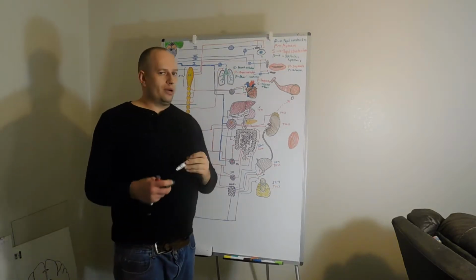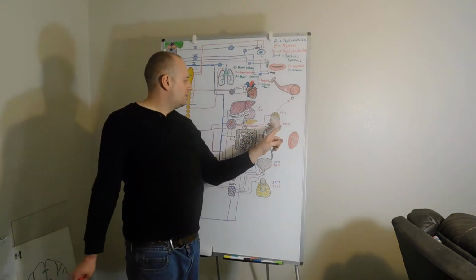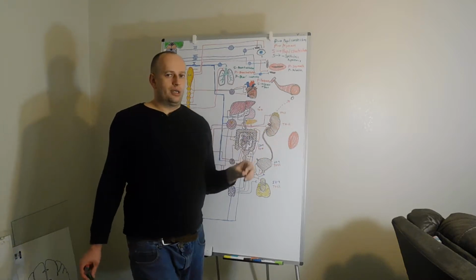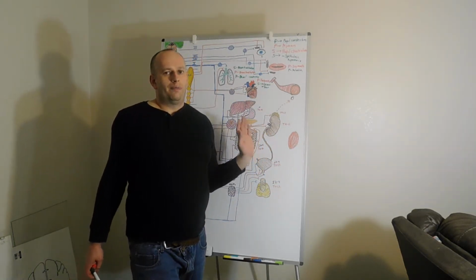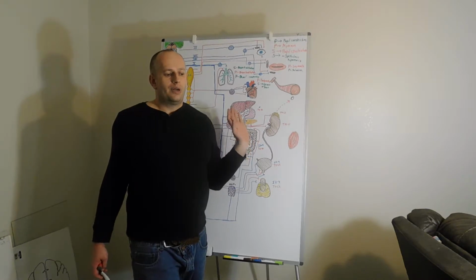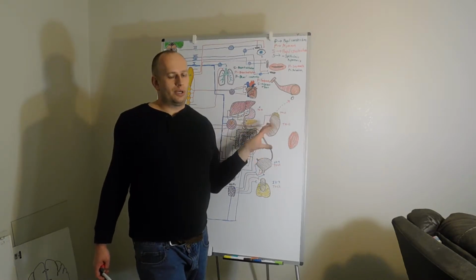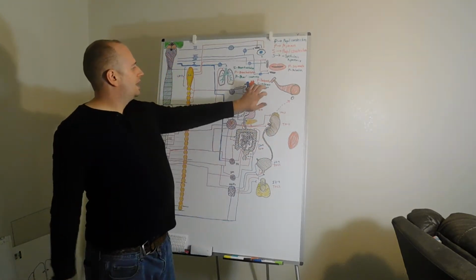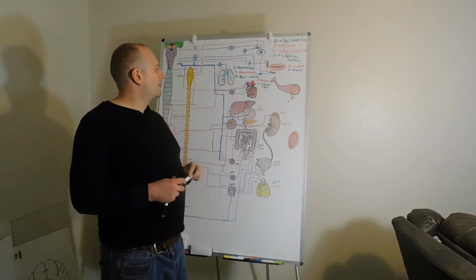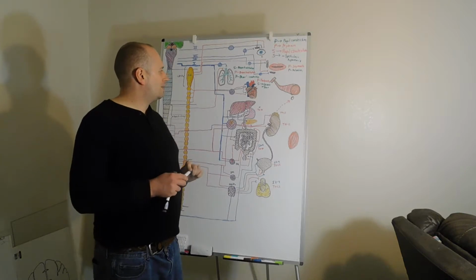Those are both through the beta-1 receptor. The beta-1 receptor also acts on the kidney and causes the renin-angiotensin-aldosterone axis to go, and that increases blood pressure. But in your heart, that increases chronotropy and inotropy.